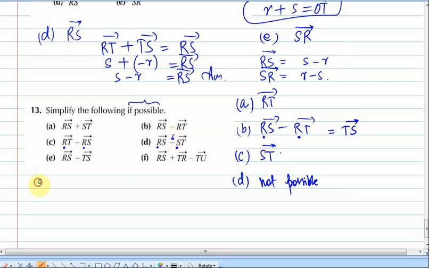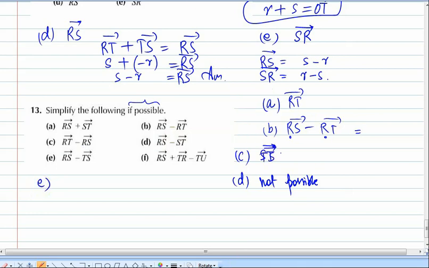Part E. First, you need to change the position. And what does it mean? You cannot add these two vectors, right? Because we have not the same variable.